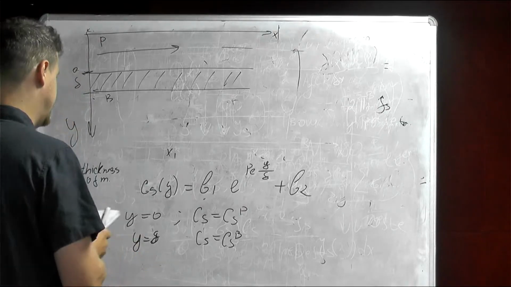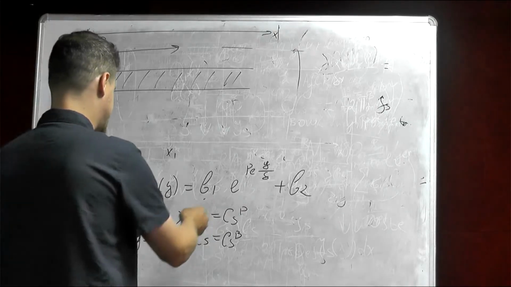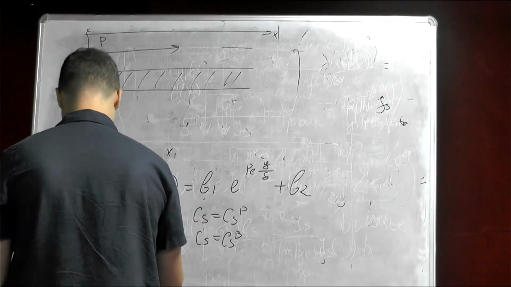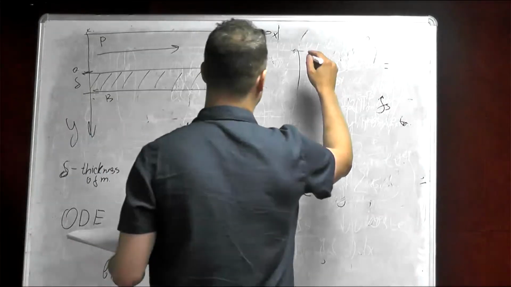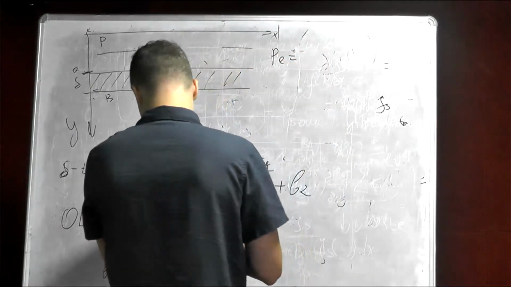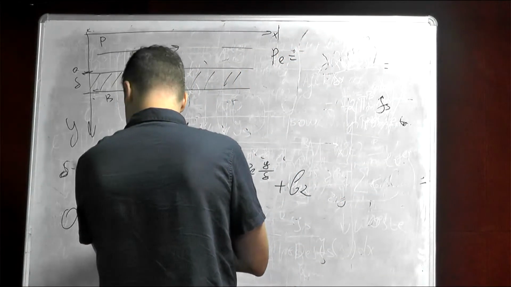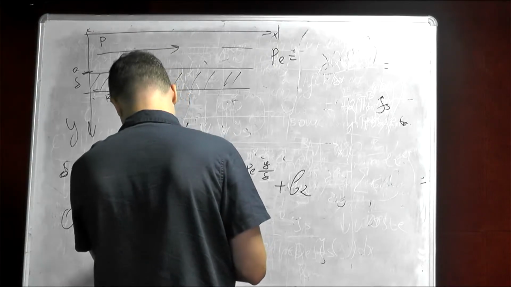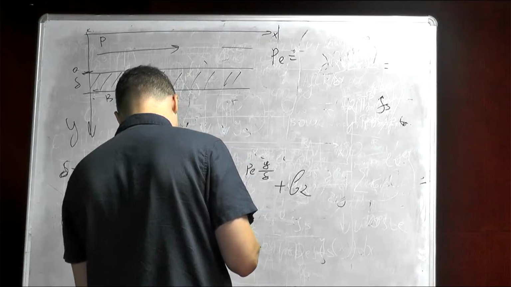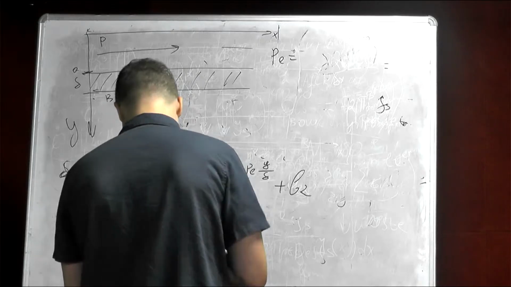Yeah, and considering these conditions, the constants will be described as follows. And the Peclet number, yeah, I forgot about that. Did I actually write it down? Yeah, one moment.